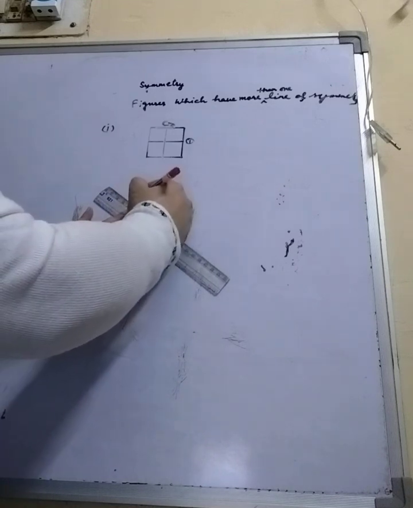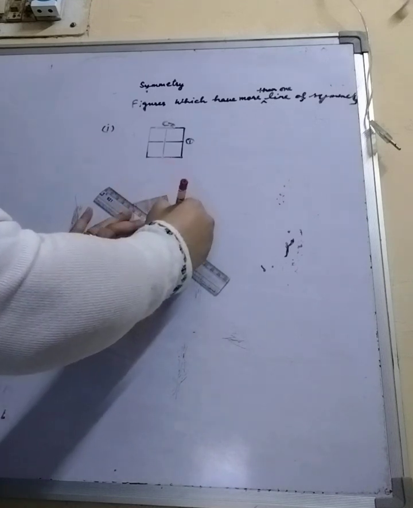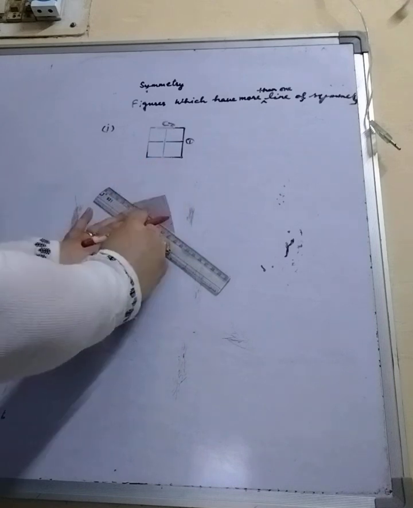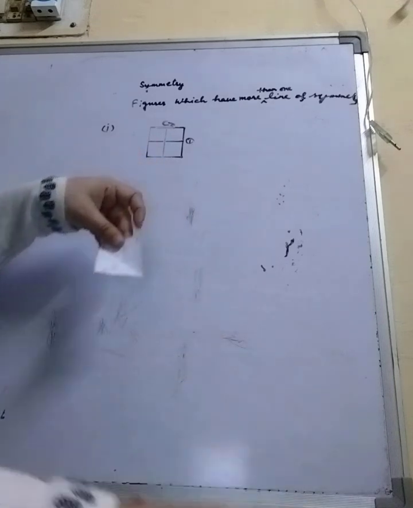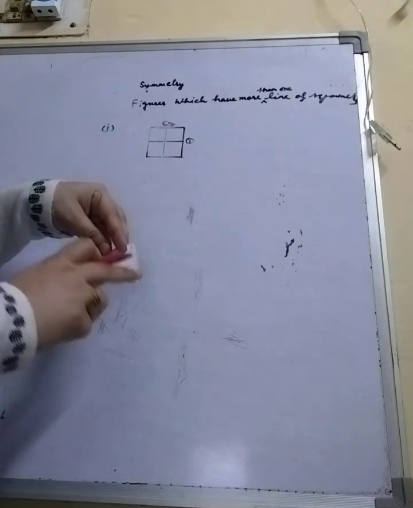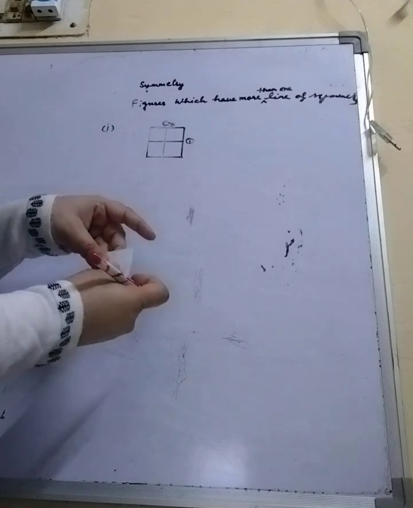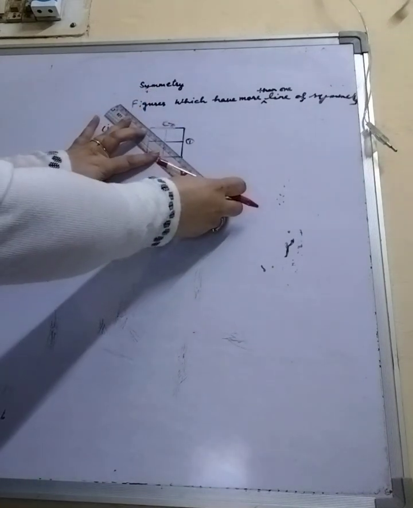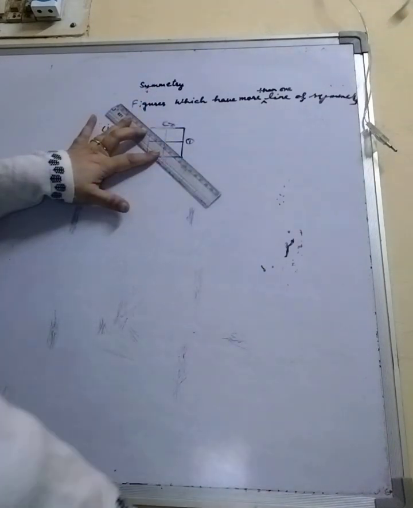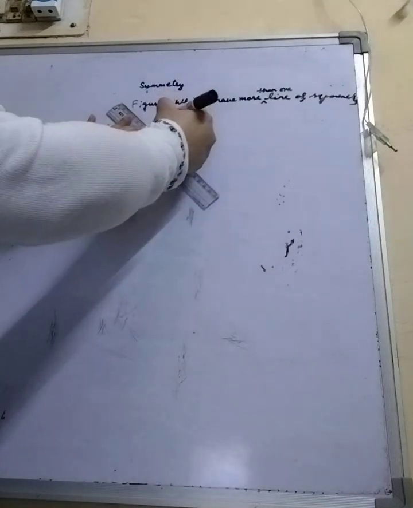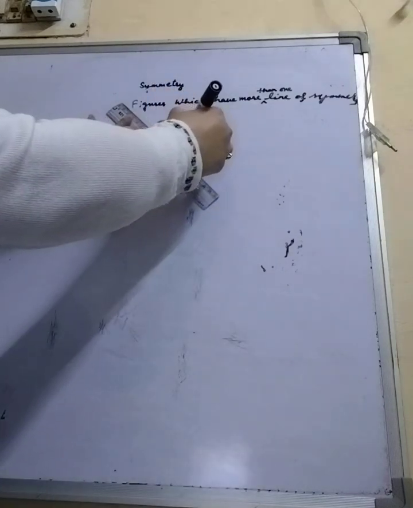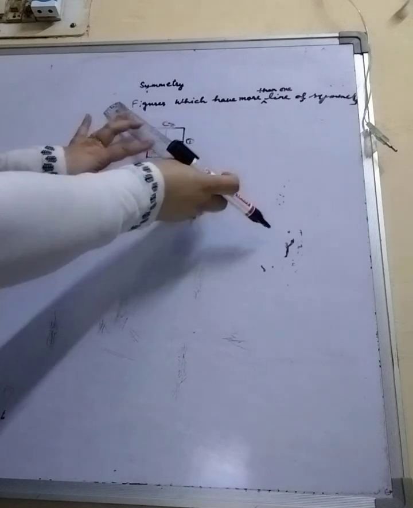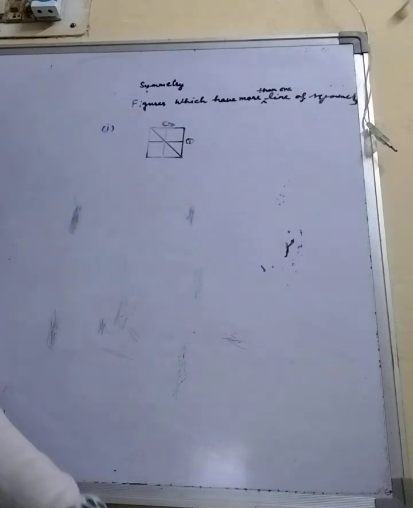Okay, so don't get confused about the corners. You have folded the paper about A and C, and in this way you get another line of symmetry, which is the third line of symmetry. So our third line of symmetry is like this, in this way. This is the third line of symmetry.